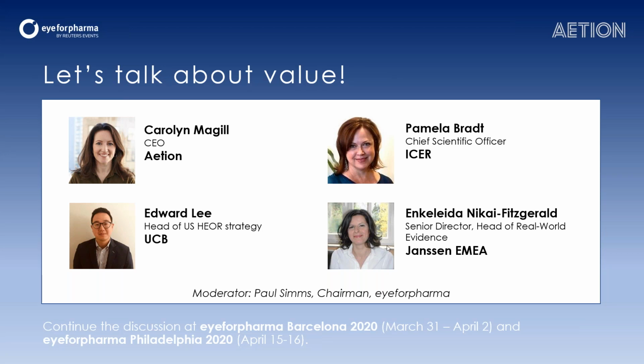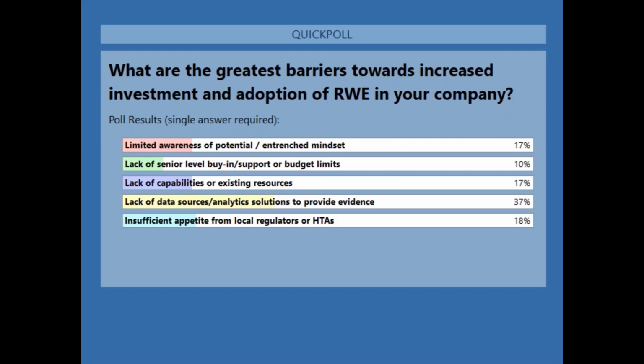I think that it's difficult sometimes for companies to make that internal shift where they consider how important it is to allocate resources for accessing data and accessing analytics to prepare their portfolio for all the assessments that have to take place after regulatory approval.